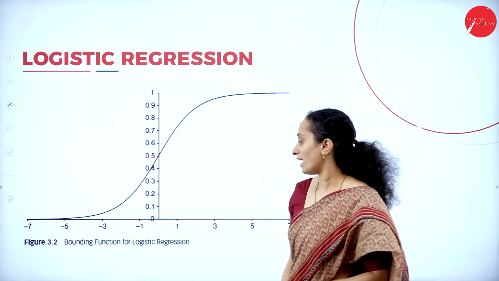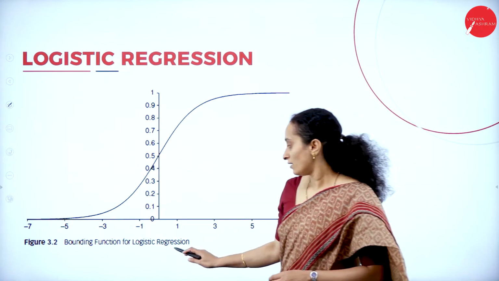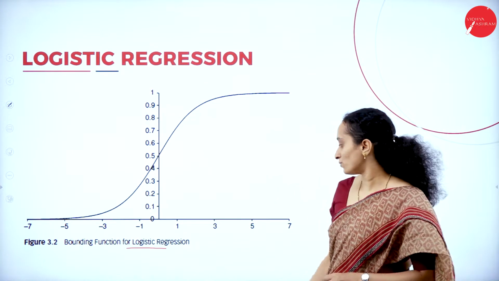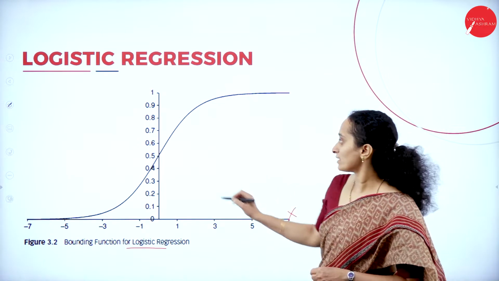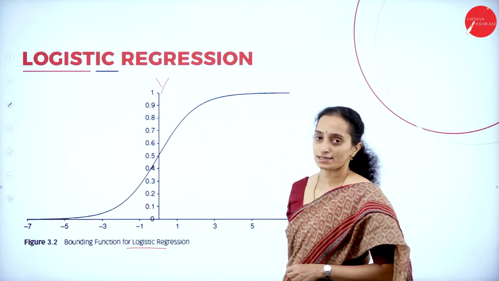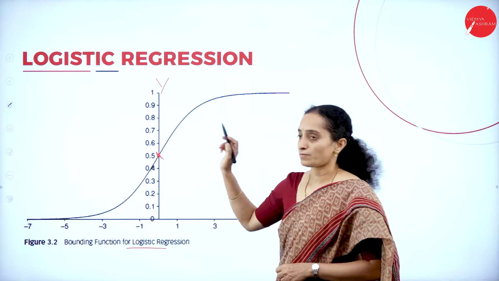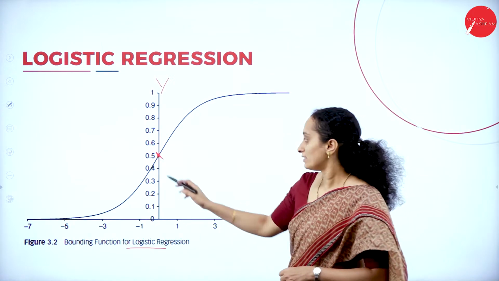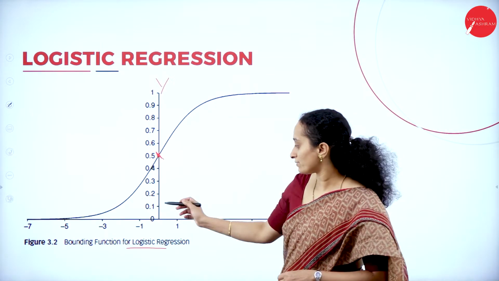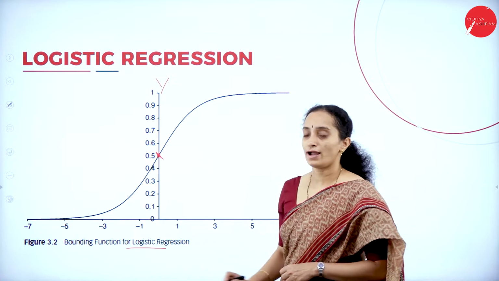Okay. Here we have the bounding function we use for logistic regression. This is the x direction and this is the y direction. You have the set of values which intersect at 0.5, that is, it will always be between 0 and 1.